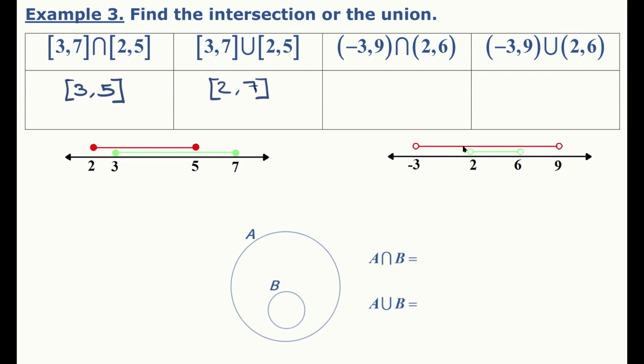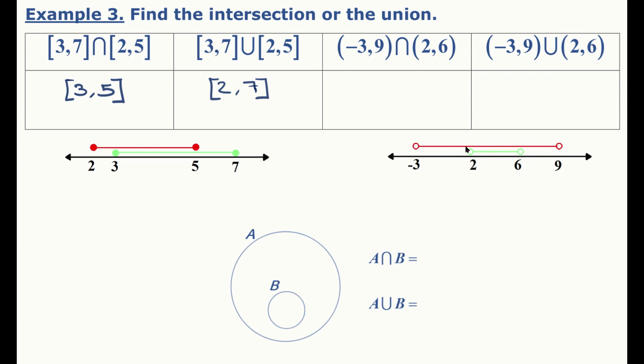And we want to know what's the intersection of these two sets. Notice that the smaller set, in the sense of length, the interval from 2 to 6, is fully contained in the interval from -3 to 9. In other words, everything that's in this interval is also in that interval. So what do they have in common? Obviously, the shorter set from 2 to 6.